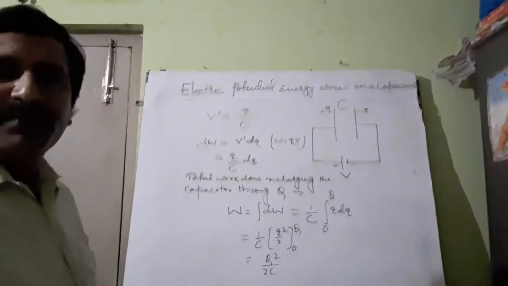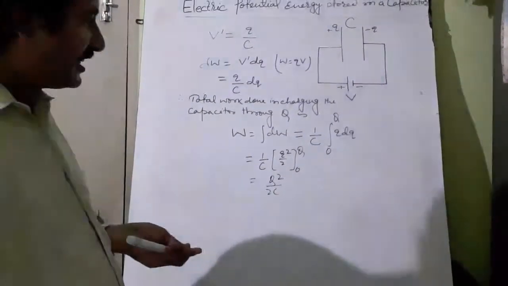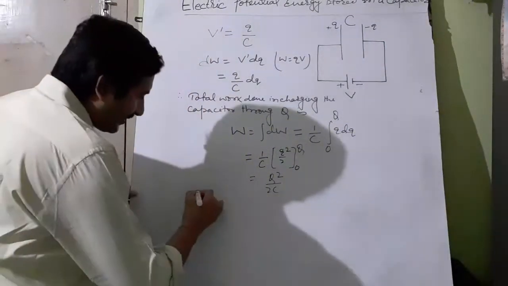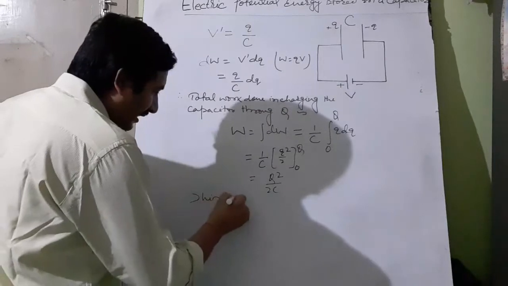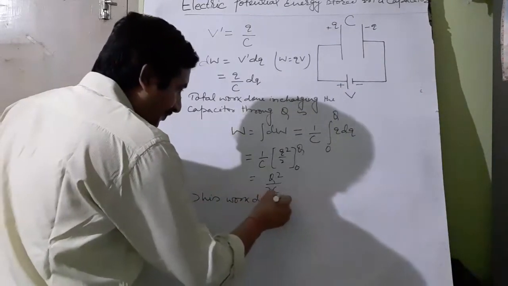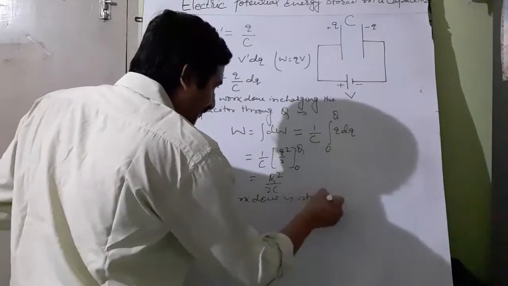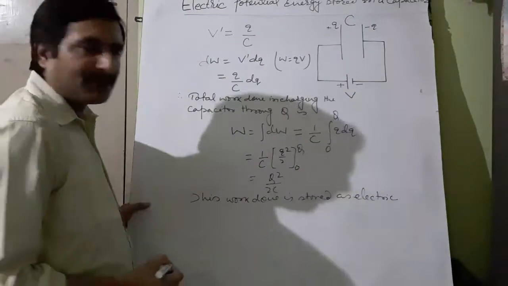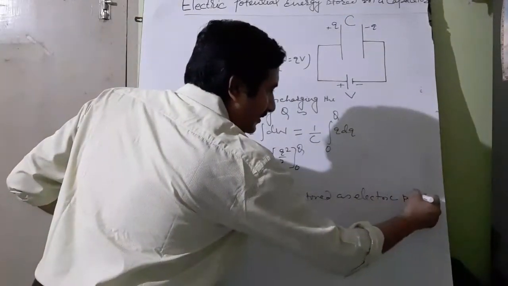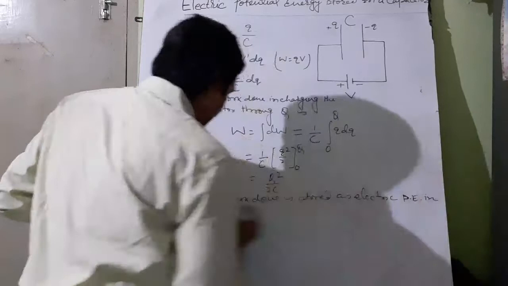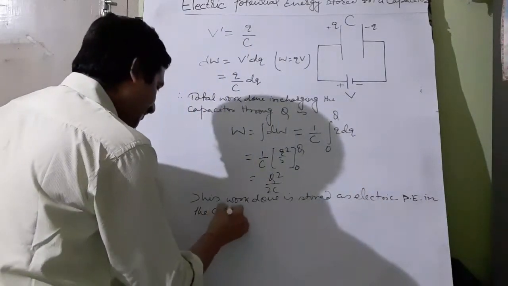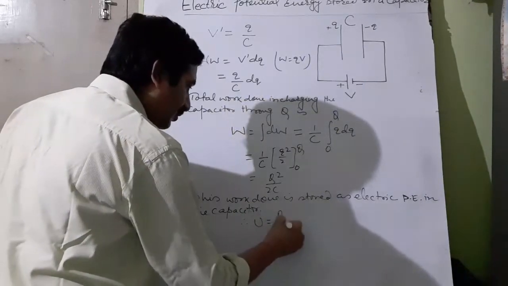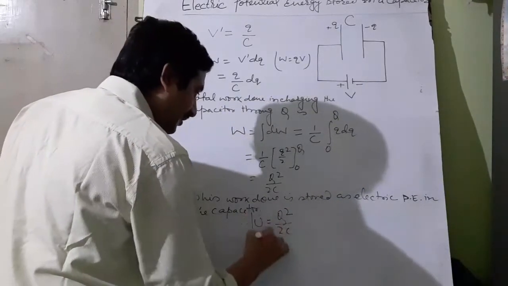This work done is stored as electric potential energy in the capacitor. Therefore, U is equal to Q square by 2C.